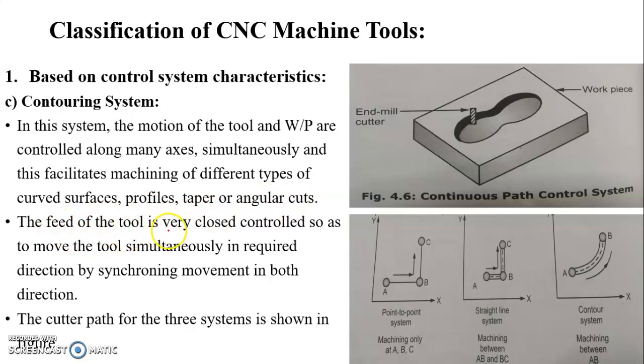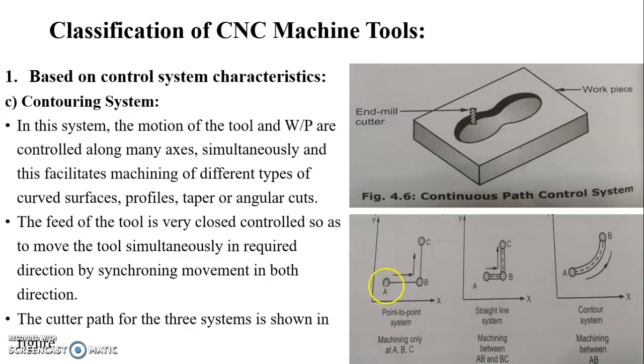The feed of the tool is very closely controlled so as to move the tool simultaneously in the required direction by synchronizing movement in both directions. The cutter path for the three systems is shown in the figure. Such a contouring system can also be used as a point to point system.